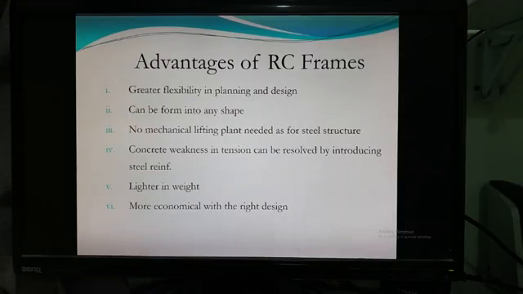So more economical in the right design, even though it has a lot of strength and whatnot, if the engineer is careful in his design, he can come up with very standardized and cheap design to produce RC frame superstructure.